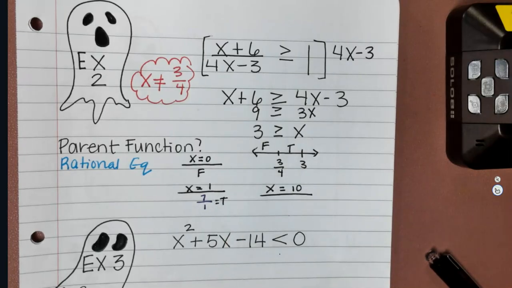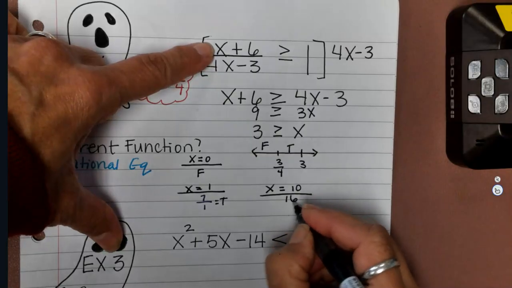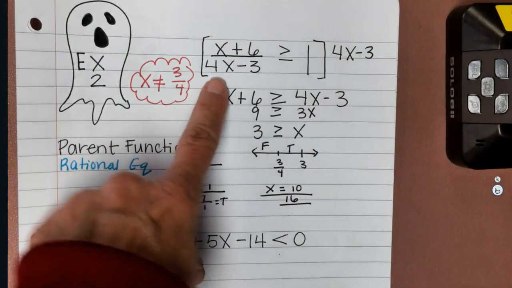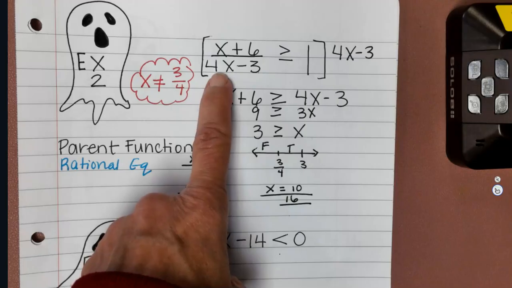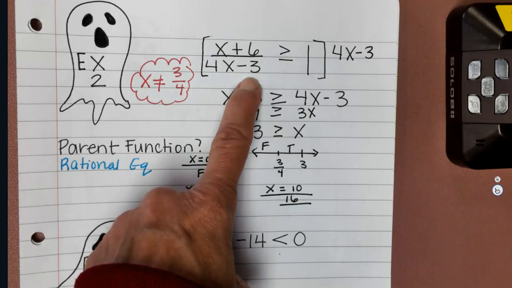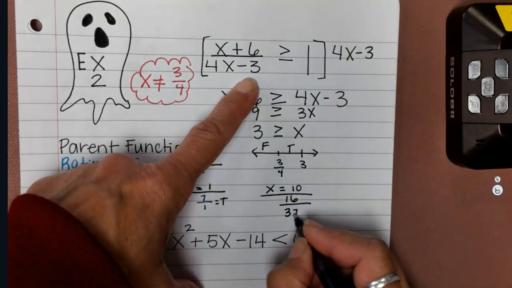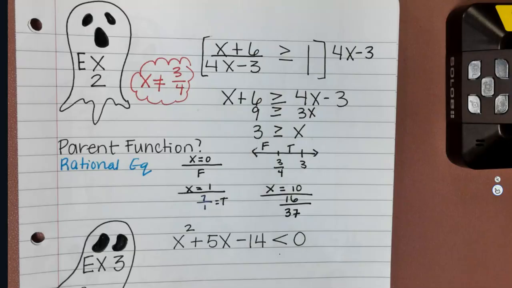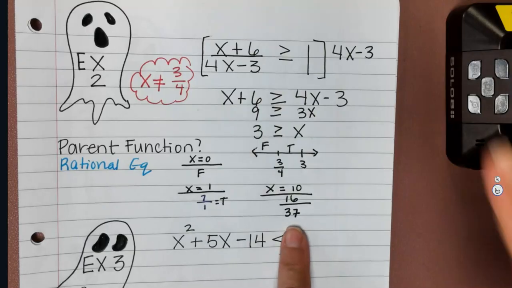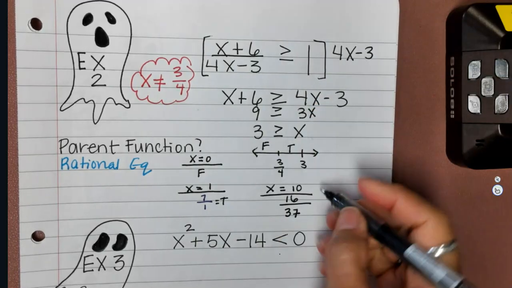10, my favorite. When I plug in 10, the top is going to be 16. When I plug in 10 at the bottom, y'all, 4 times 10 is 40. And 40 minus 3, what's 40 minus 3? 37, yes. Okay. That's positive. But is it greater than 1? It is not. So this is false.